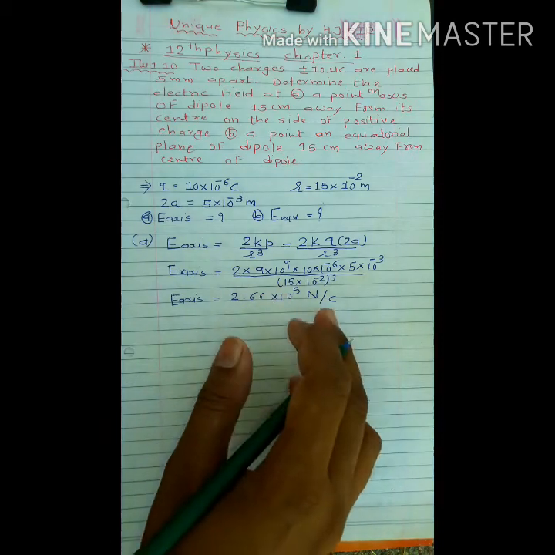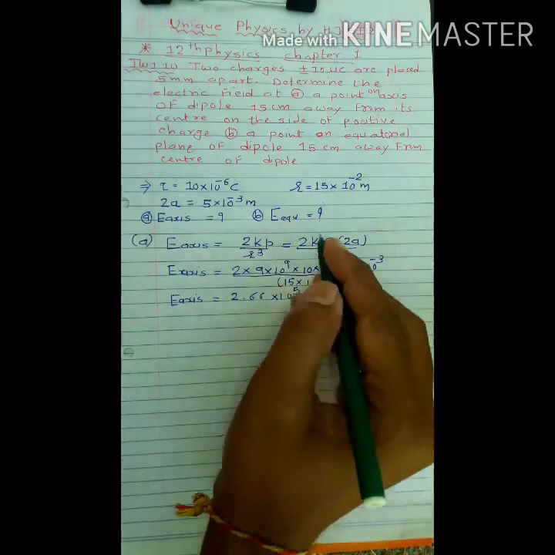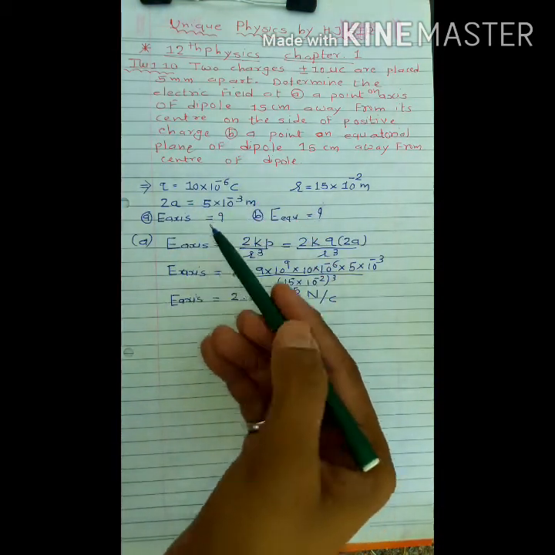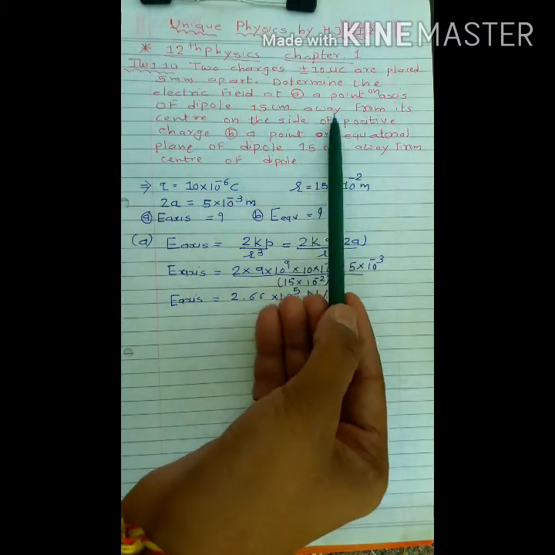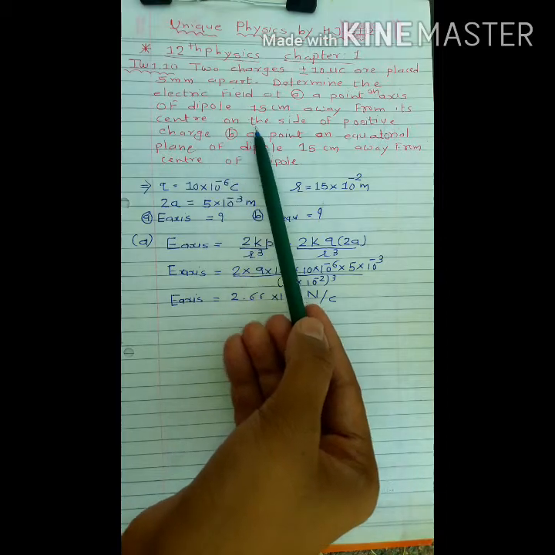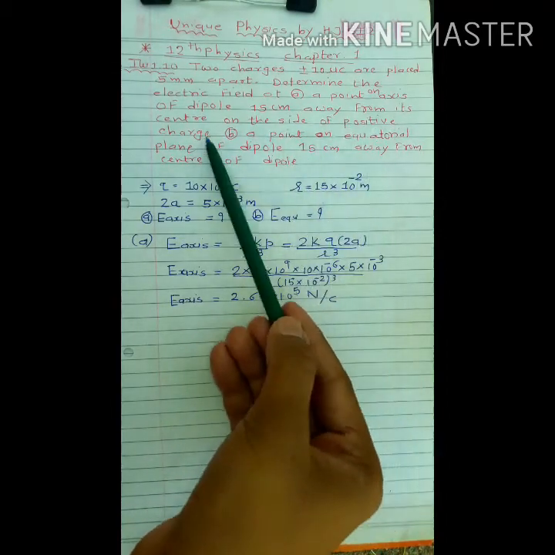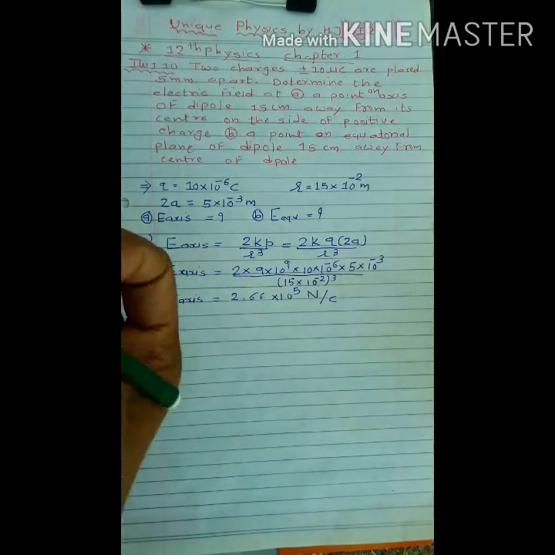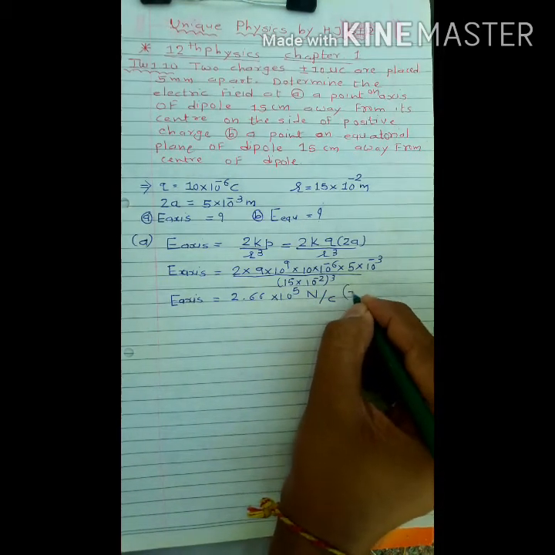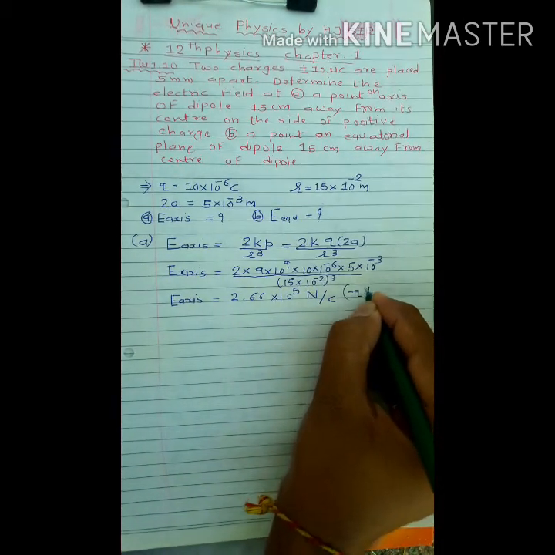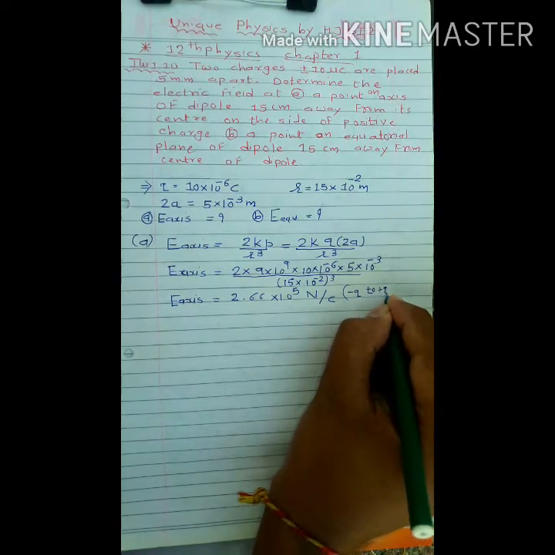Now remember the direction of the electric field. Here we find the electric field on the axis of the dipole away from the center of the dipole towards the positive charge. So the direction of the electric field is from minus q charge to plus q charge.